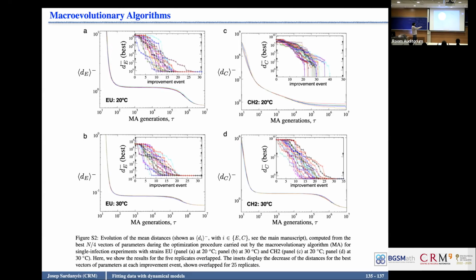This is not MA generations, it is improvement events. It means that we have these dynamics for the emergence of a better solution than we had. And here you can see this is 10 to the power of 8, and it falls very rapidly in this scale, of course. And this is for 25 replicates, and you go to very low numbers. I mean, this method has a very fast convergence, and then probably because you are in a good region, you finally find, in principle, a good candidate.